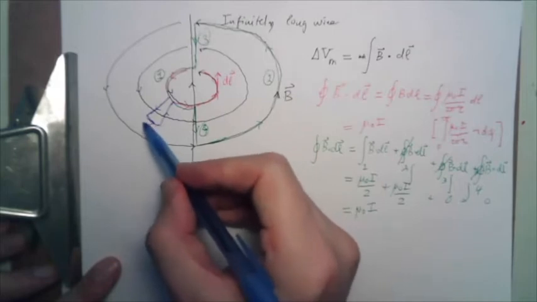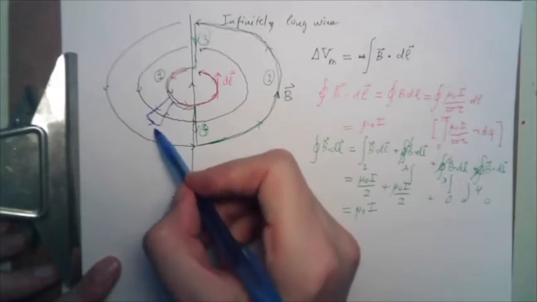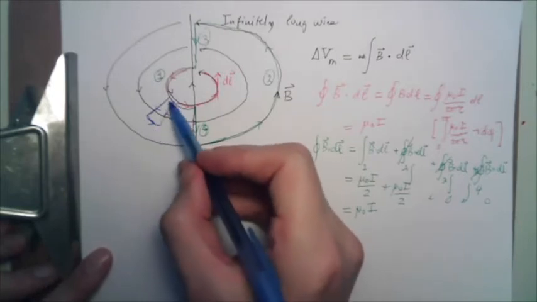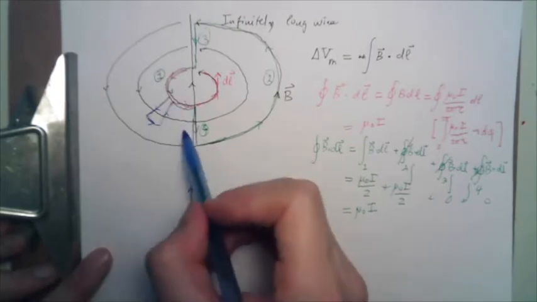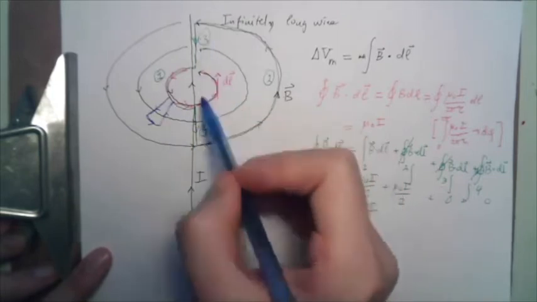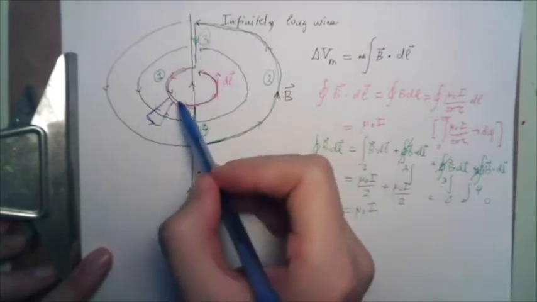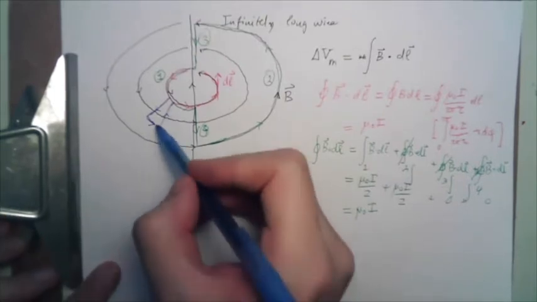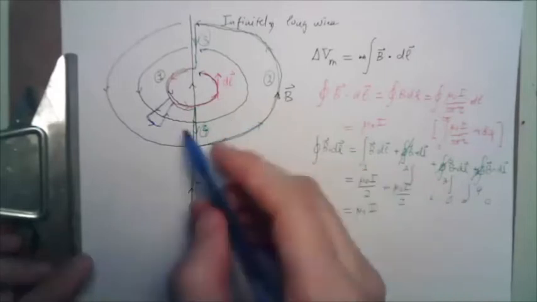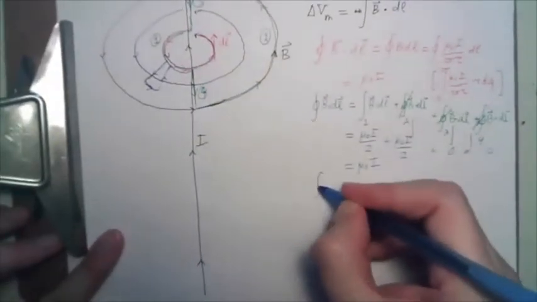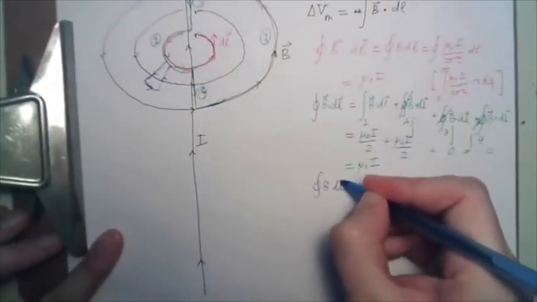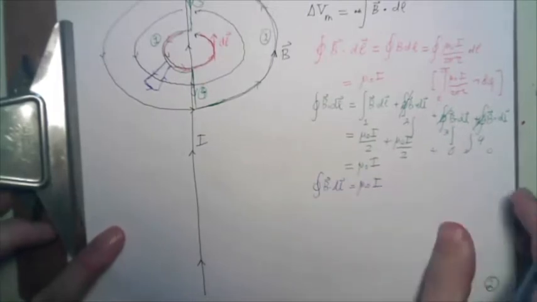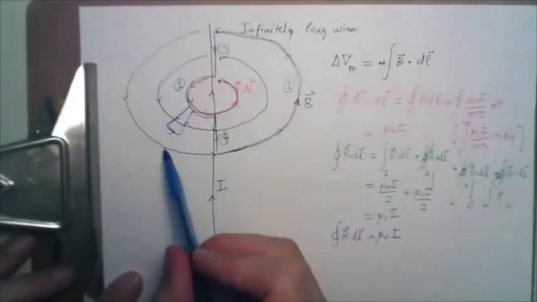And this section is going to give you the same B times angle as you're getting here. So even for this funny pizza with a piece sticking out, I'm not sure why somebody would eat it like that, seems quite monstrous, you would still find for the blue path that the integral of B dot dl is mu naught I. That's pretty cool.